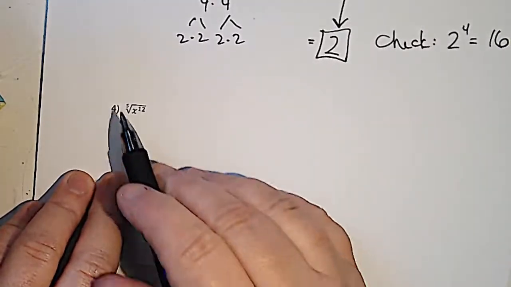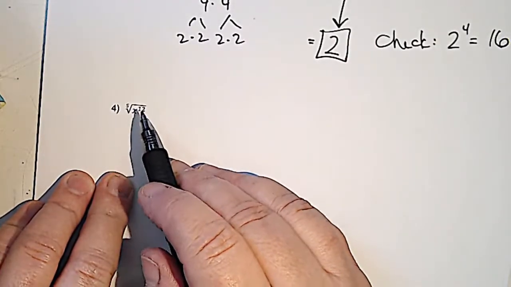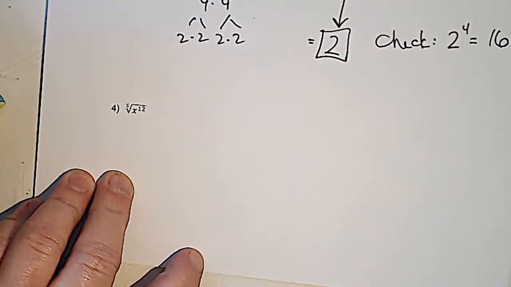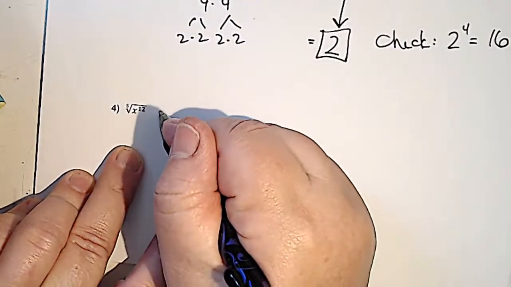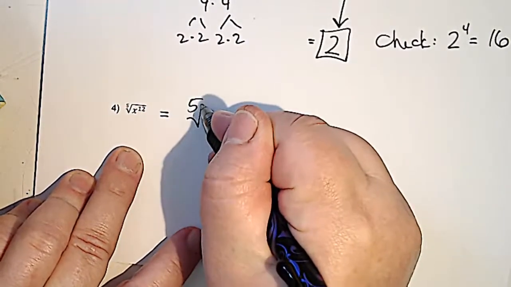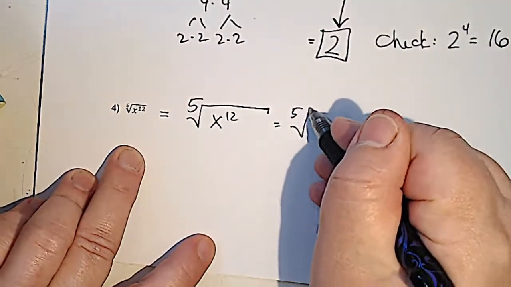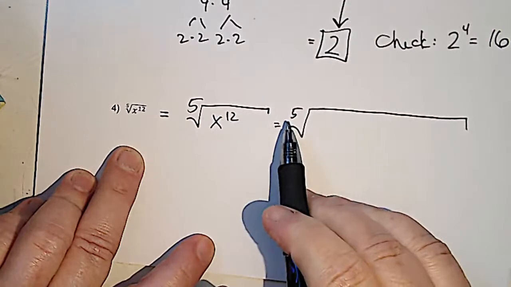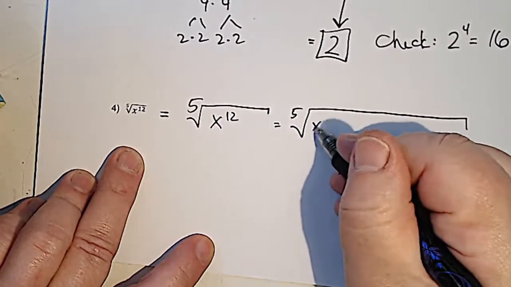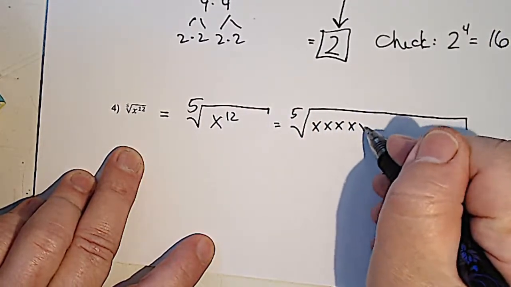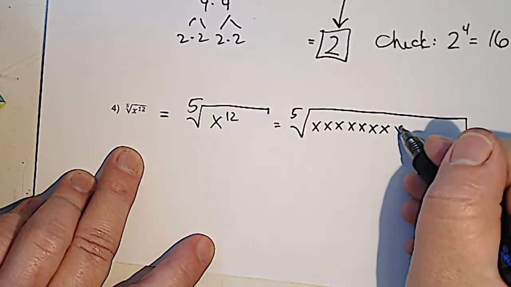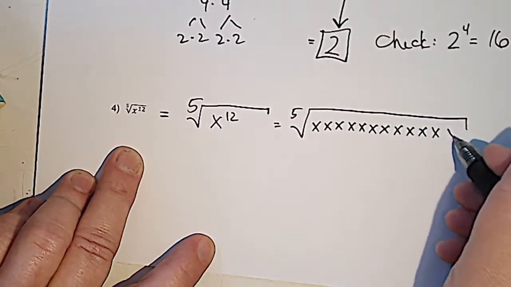The 5th root of x to the 12th. Okay, so we're going to need a 5 bear, right? And I need to write 12 x's. 4, 5, 6, 7, 8, 9, 10, 11, 12. There we go.